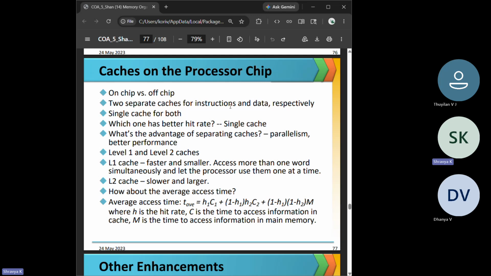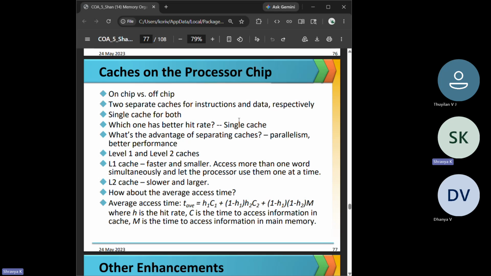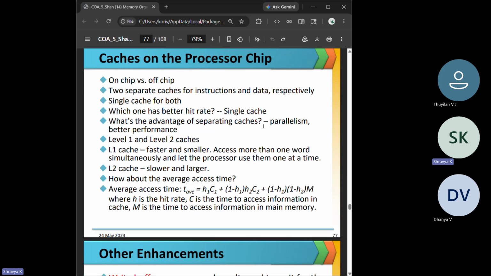And if the data is evicted but the instruction depended on that data, then you will have a problem. So parallelism is preserved better, and performance is better, if you have a separate cache for instructions and data, so that if the instruction is dependent on the data, you never have to worry that it is kicked out, because you always have a certain space assigned for both of them.